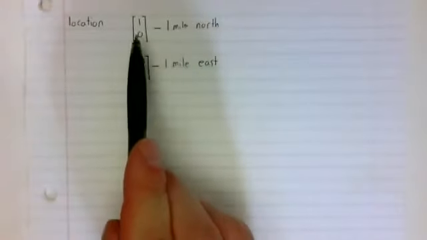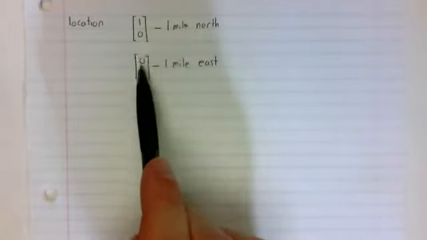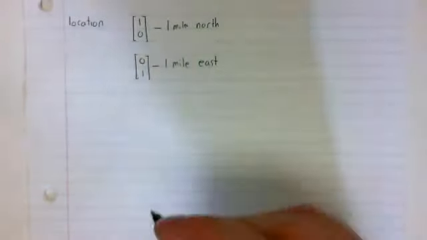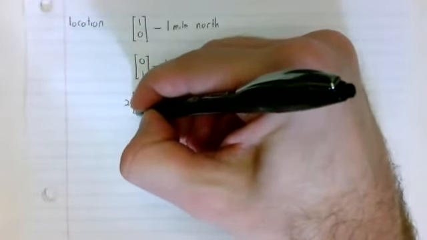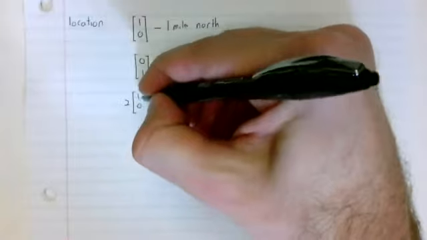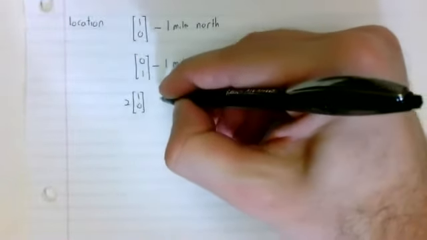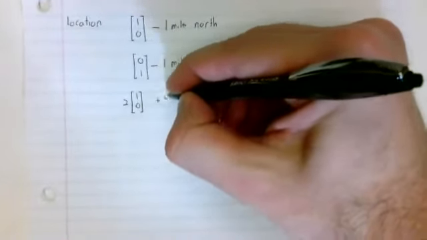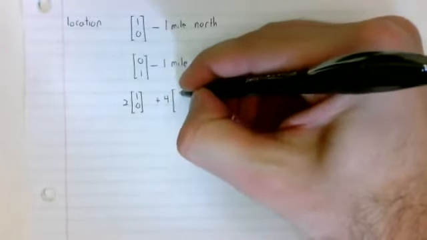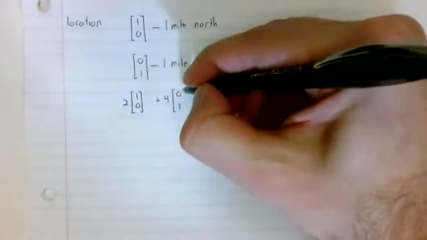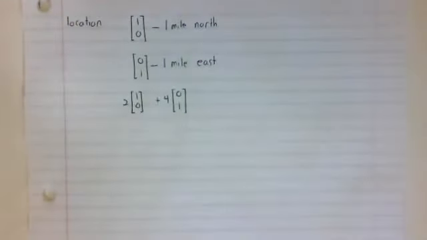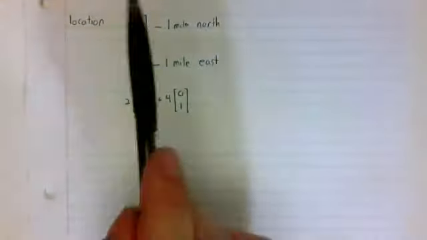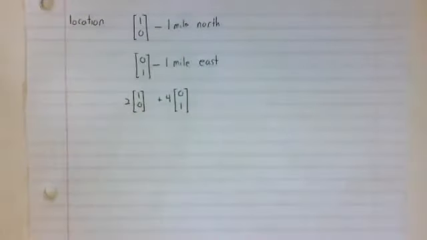Well, this is a basis of R2, and suppose you have a vector in R2 written as a linear combination of these basis vectors.